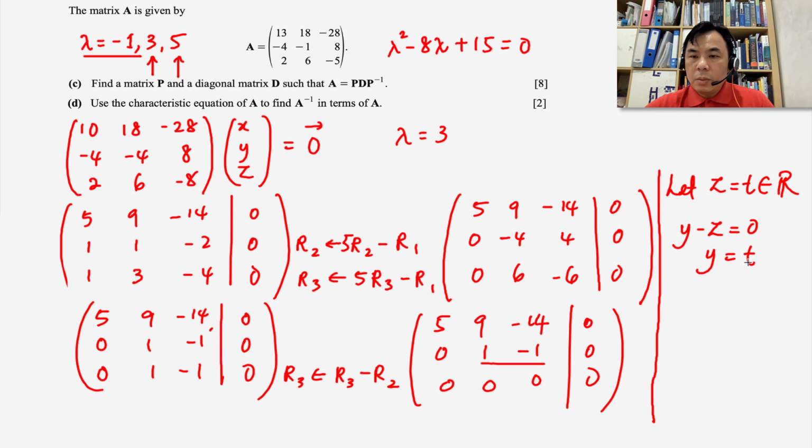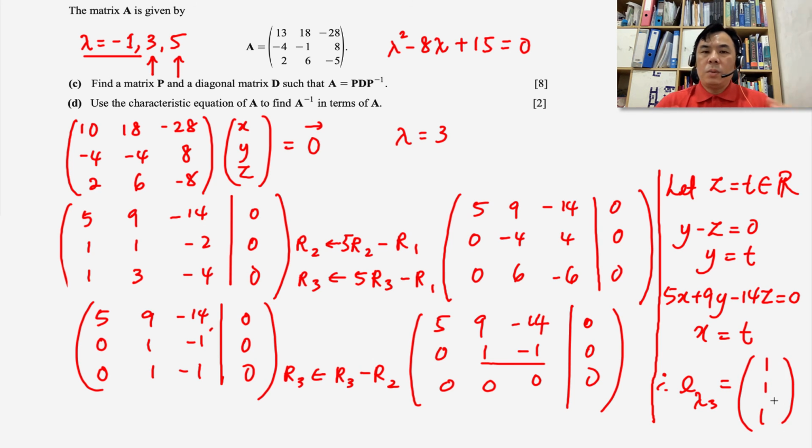And then by substituting this back into 5x plus 9y minus 14z equals 0, we also found out that, like before, x is equal to t. Therefore, the eigenvector corresponding to eigenvalue 3 is (1, 1, 1).